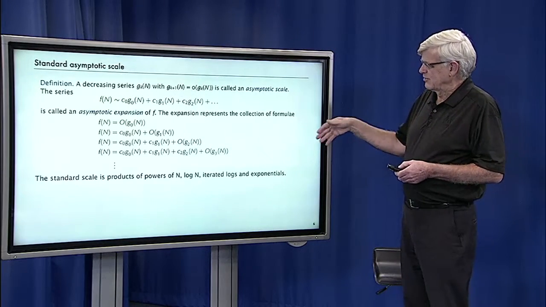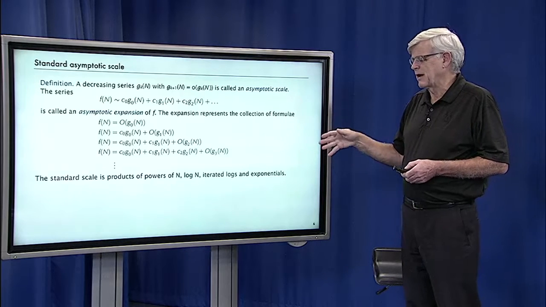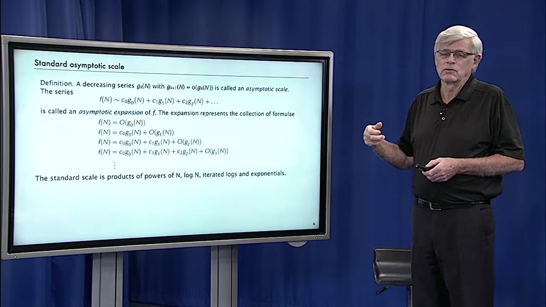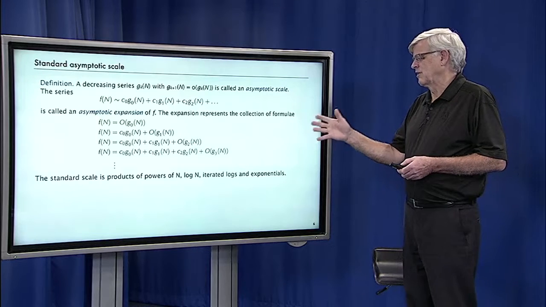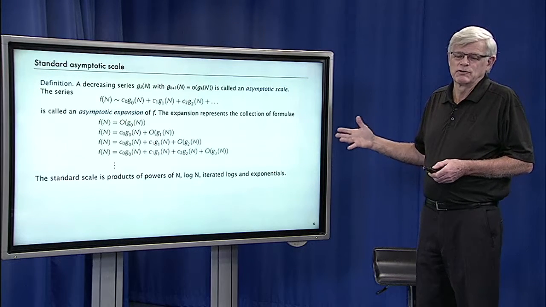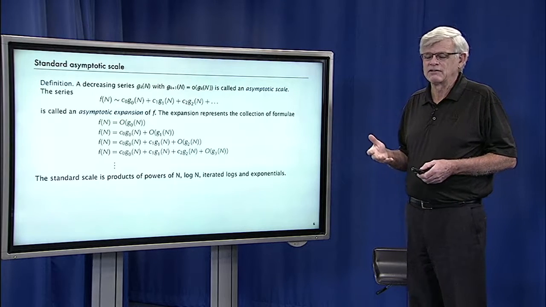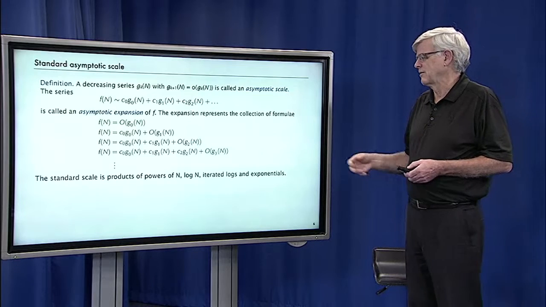So the standard scale, we use the functions g sub k, we use powers of n and log n, and maybe log log n and exponentials. So those are the standard functions that we want to use. And we'll see it's very easy to express many of the functions that arise in scientific studies in terms of the standard scale.